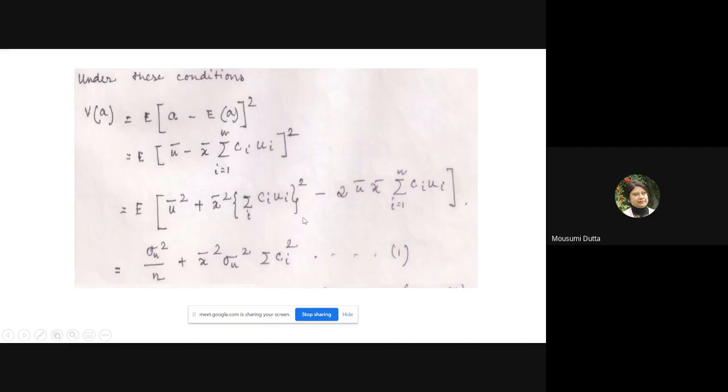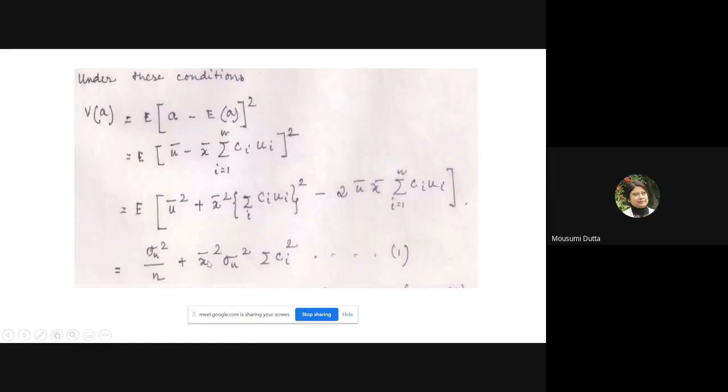In the next step, I'm expanding the square: u bar square plus x bar square summation Ci ui whole square minus 2ab. And then I'm operating expectation. From the last part, expectation of u bar square will be sigma u square by n.